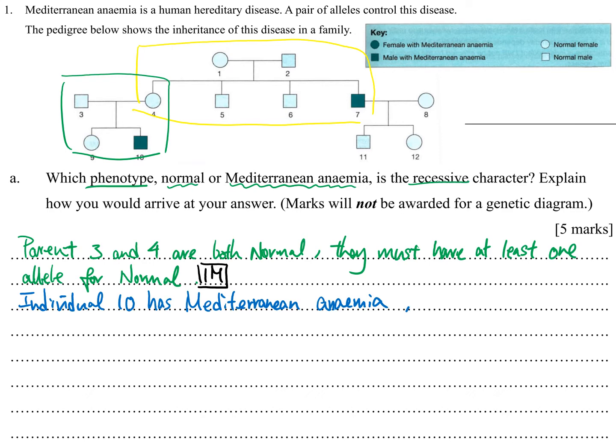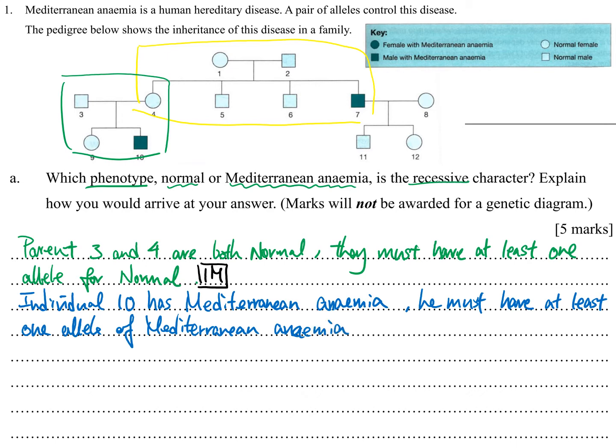Therefore, he must have at least one allele for this Mediterranean anemia. He must have at least one allele of Mediterranean anemia.